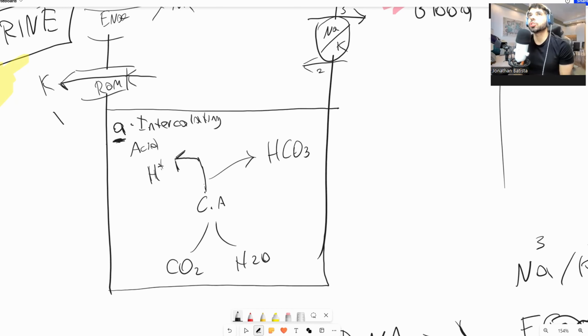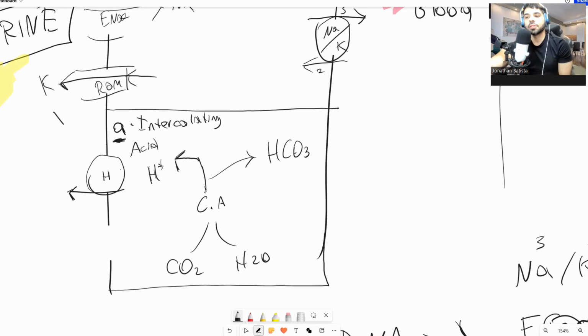So what aldosterone is doing here in the alpha intercalating cell, remember alpha for acid, is actually upregulating the enzyme carbonic anhydrase. Remember, carbonic anhydrase, you can find it on the PCT, but hey, you can also find it here in the alpha intercalating cell. So what will this actually do? Okay, well, you have these channels here. They're trying to save you, they're trying to help you out. And this channel here is going to release the hydrogen onto the urine.